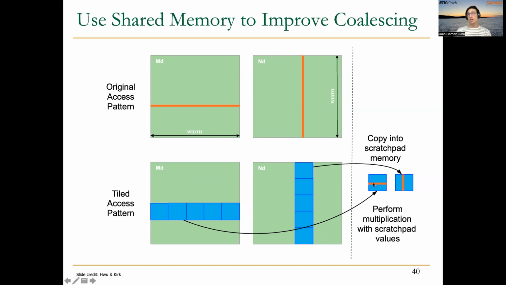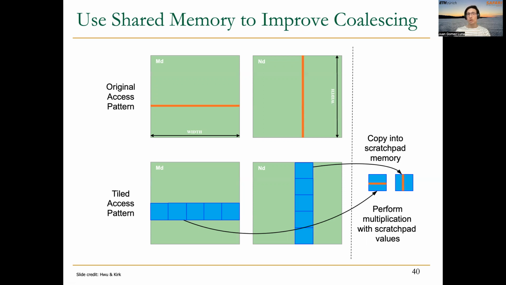So even where we have the threads accessing horizontally, now that the tiles are in the shared memory, we are avoiding the uncoalesced memory accesses, because the tile itself can be loaded in a coalesced manner, right? We can have consecutive threads accessing consecutive elements of the tile and placing them in the shared memory altogether.